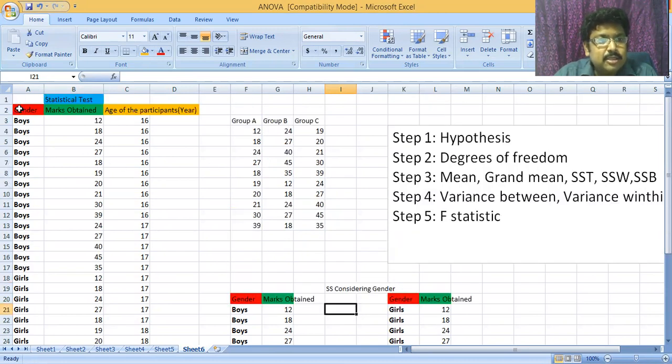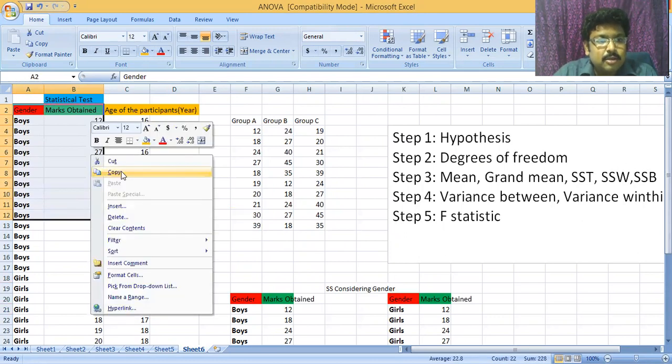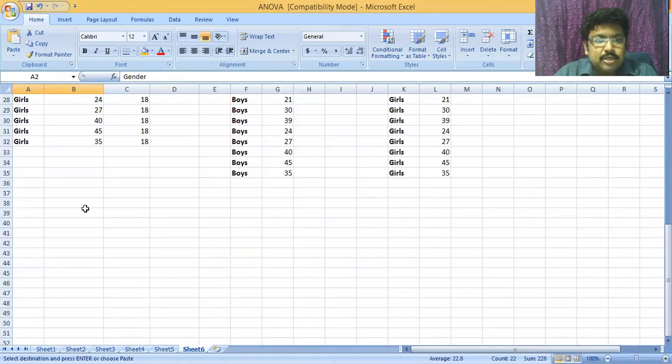Again, I am writing this: marks obtained considering the age, not considering the gender.